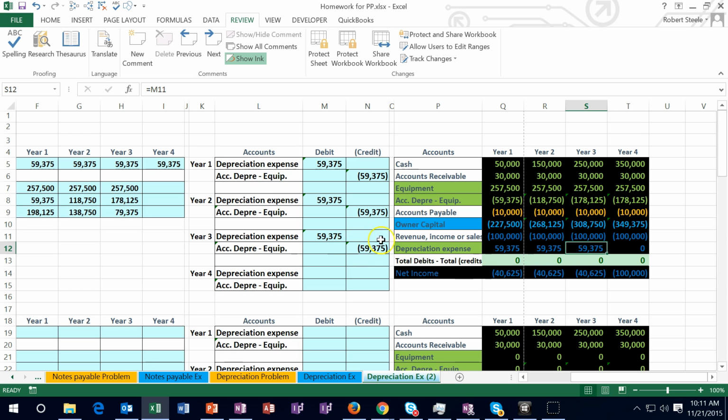We recorded this depreciation expense here, bringing net income down, and we would end up with the same net income. In terms of the equipment, it's on the books for the same amount. That doesn't change. What does change is the accumulated depreciation is now going up. That's a contra asset account, bringing the book value of the debit minus the credit down to, in this case, 79,375. So notice you can basically see everything you want to see on the trial balance.